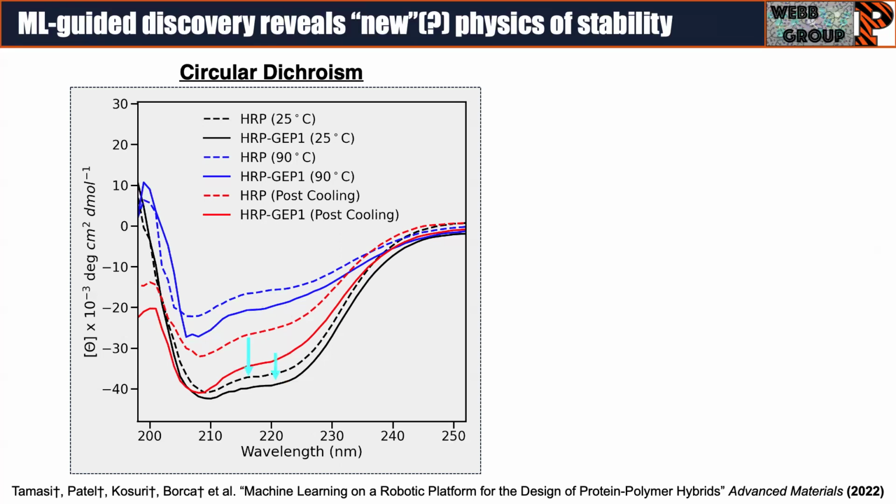But then when it was cooled back down, you can see the solid line, which indicates the protein in the presence of the polymer, goes back measurably closer to the initial black line, which suggests that it's actually likely helping it refold, not preventing it from unfolding in the first place.